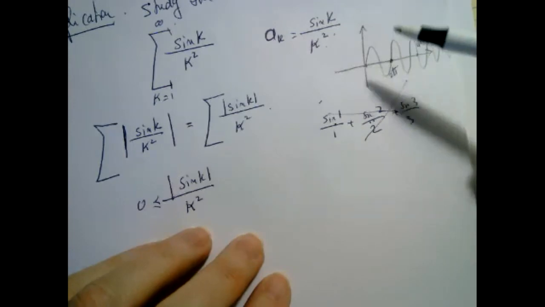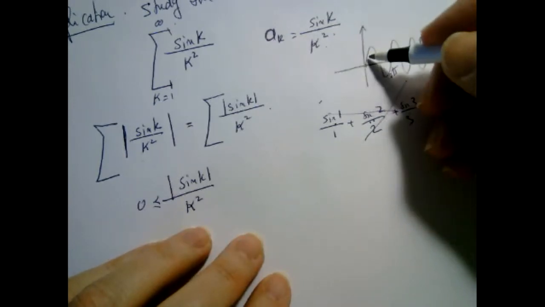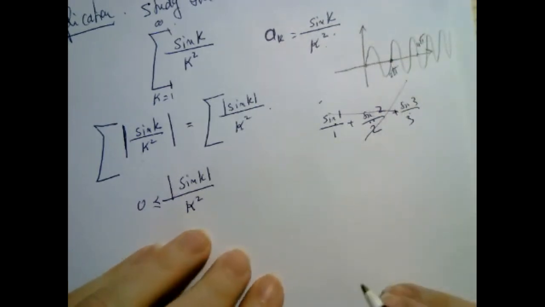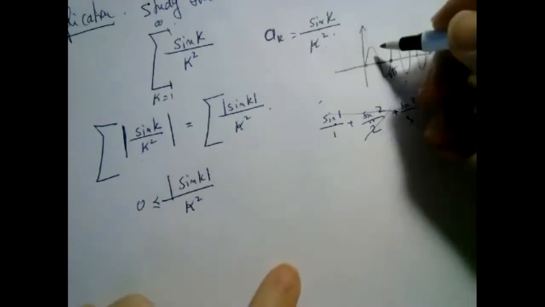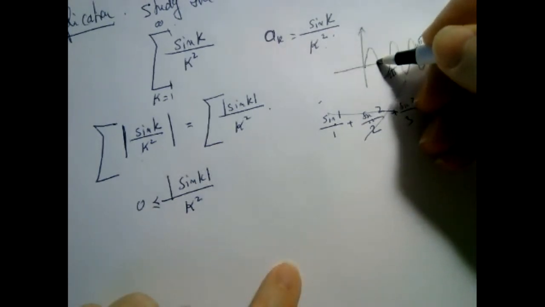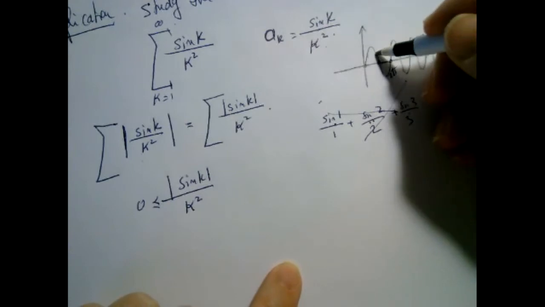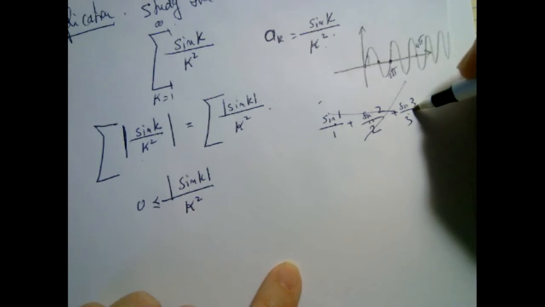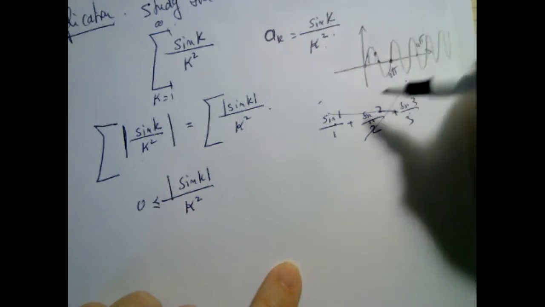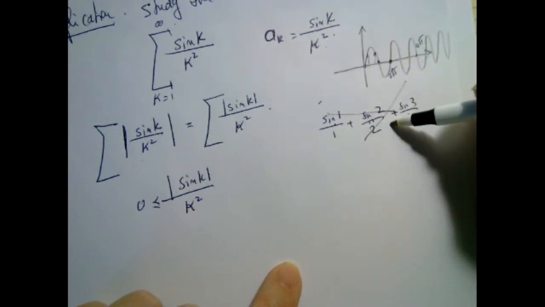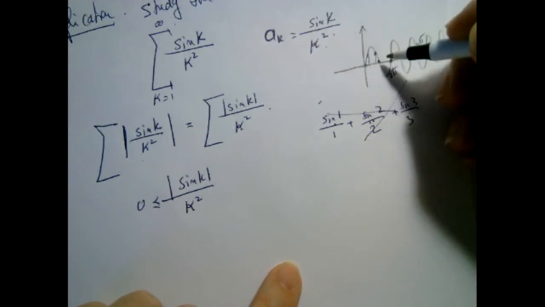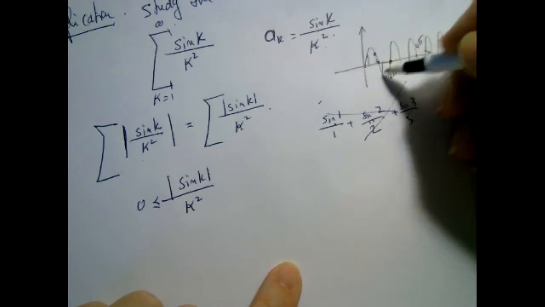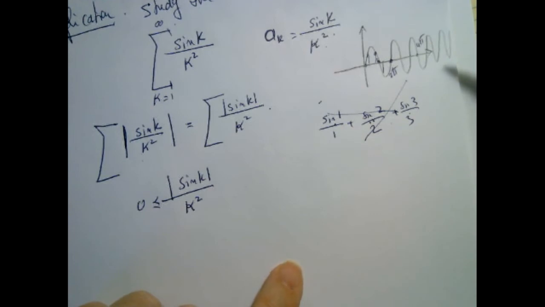Pi is about 3.14, so sine 1 should be somewhere in here, and sine 2 is going to be here. So sine 1 and sine 2 are positive, sine 3 is positive, and sine 4 is going to be negative. So there is no alternating at all.